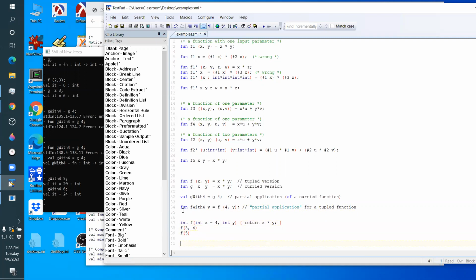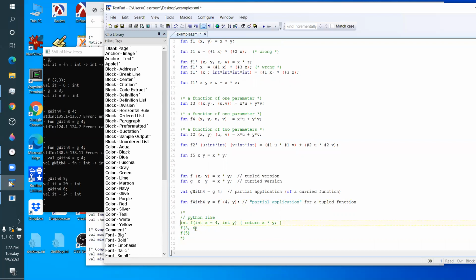Now in ML, you have to give this thing a new name. F takes a tuple. Okay, f with 4 takes only one number. Okay, like this. There are no default parameters, but this would be Python-like. Okay, this isn't valid ML. But Python has something like this.